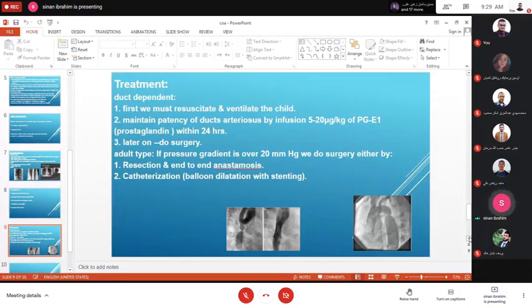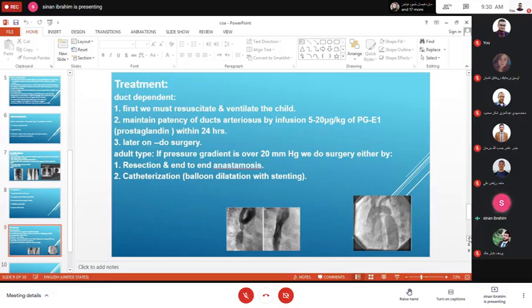This is important to keep the duct patent until the proper operation is done for the patient, either cath or surgery. So the duct will not close, and the circulation will depend on the patency of this duct.